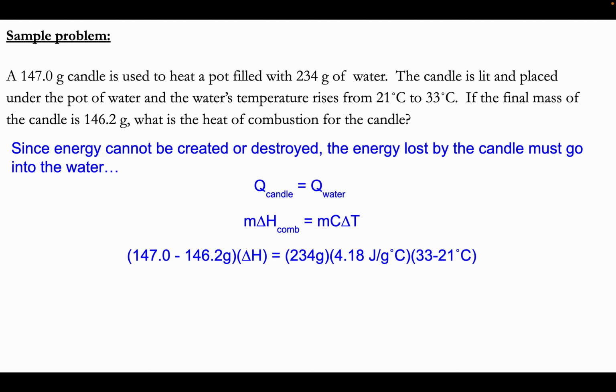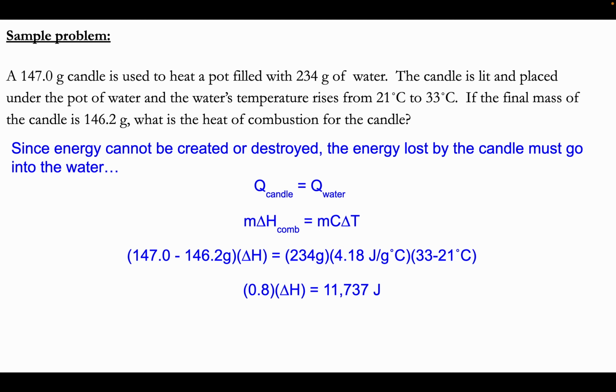And the temperature change is that we ended at 33 degrees and we started at 21, so we subtract those and get 12. If I simplify that a little bit, 147 minus 146.2 is 0.8 times my delta H. And if I multiply my 234, 4.18, and 12, I'm going to get 11,737 joules.